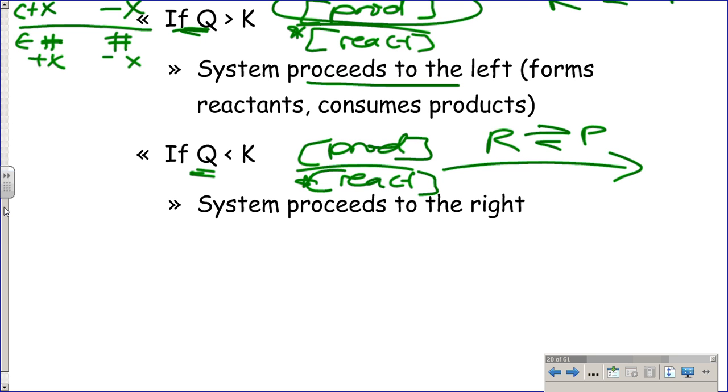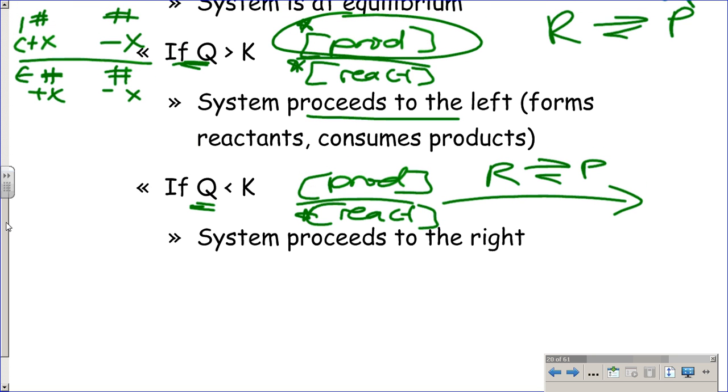Eventually, my product concentration increases, my reactant concentration decreases, and I will come to equilibrium. But when I do my ice box, in this case, it's a normal ice box, or before, during, and after box, where you subtract from the reactant side, you add to the product side. So this one, you're going to subtract from reactants, and you're going to add to products. Good here? Okay, I'll let you guys finish writing that one down.